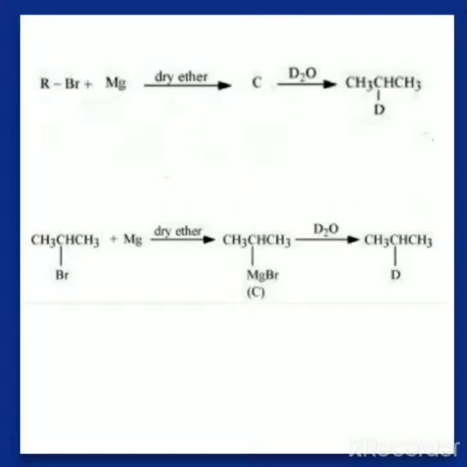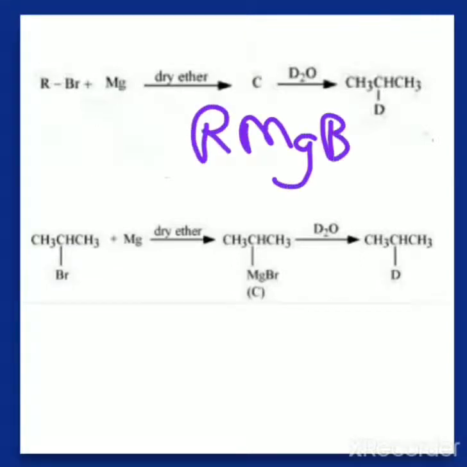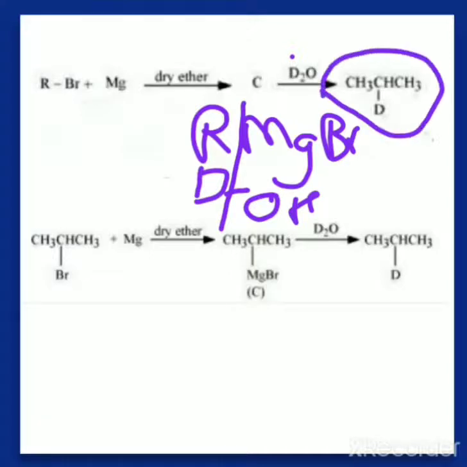That means when the RMgX, that is RMgBr, undergoes hydrolysis, in the place of HOH water, it is D2O. So we need to write here D and OD. So we got the product RD here. So when you compare with the structure, what is our R here?